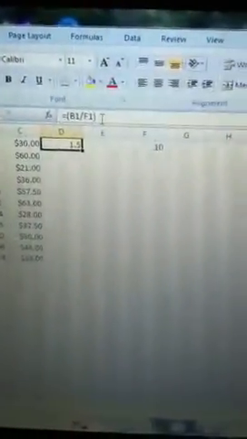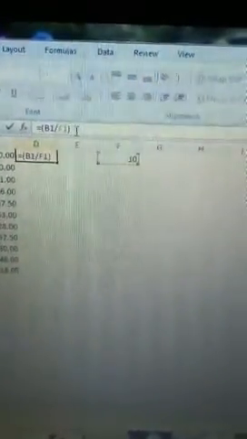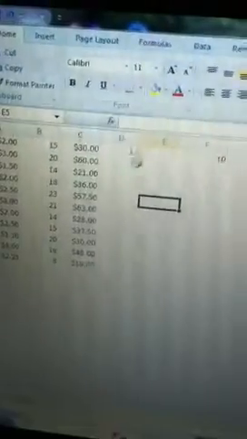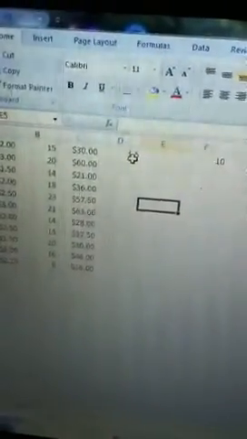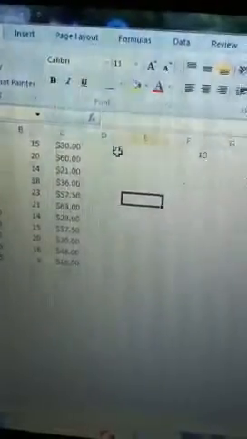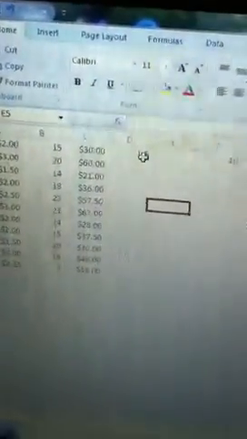Thankfully it closed it up for me, but normally you could click off of it and it calculates. Notice that the number that we got is 1.5. That's telling me that I sold 1.5 pies total.